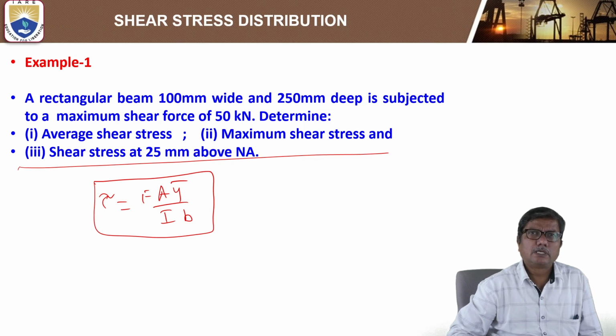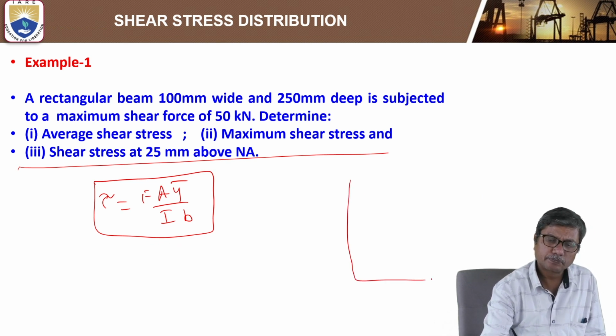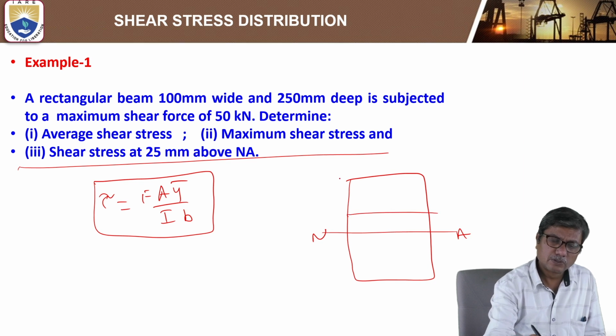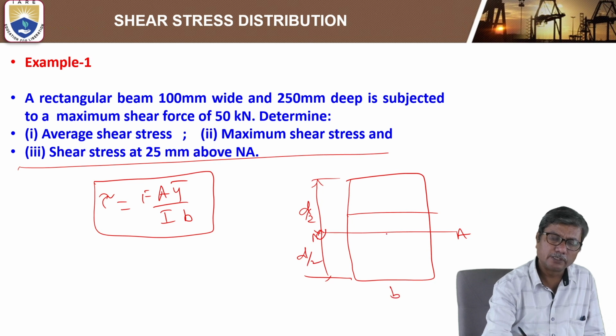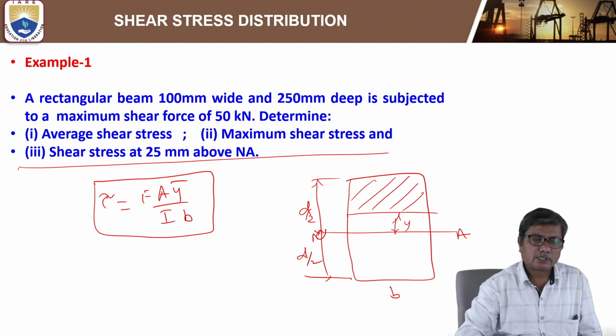And for a rectangular cross section, this is the neutral axis. If you consider d by 2 here, d by 2 at the bottom, and width is b, to find the shear stress at a distance y above the neutral axis, this is the general expression.